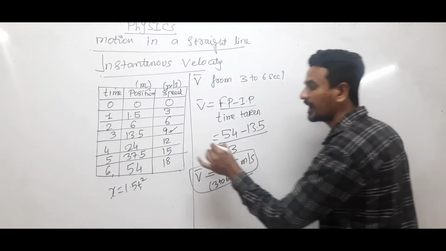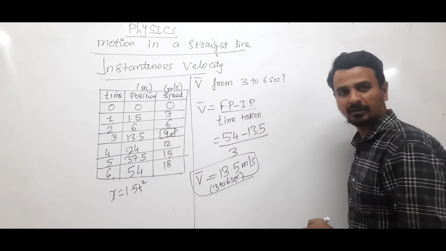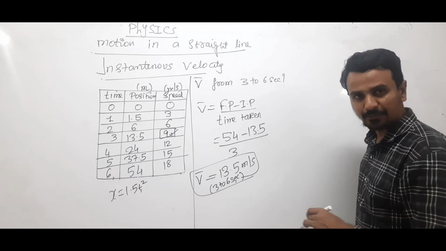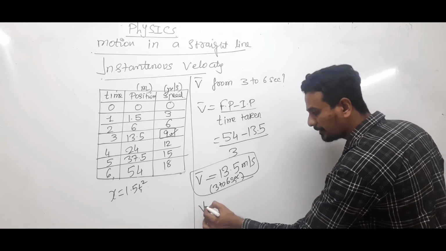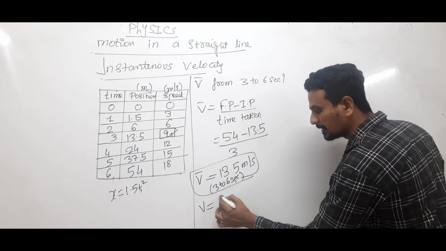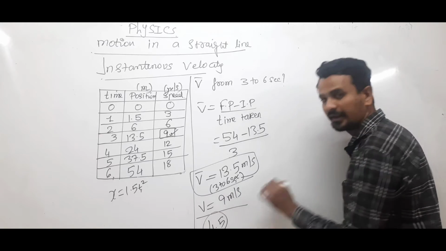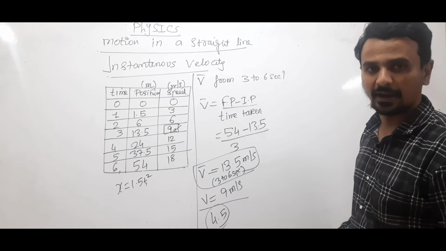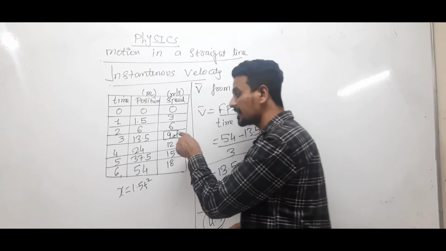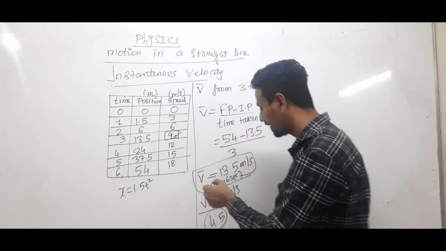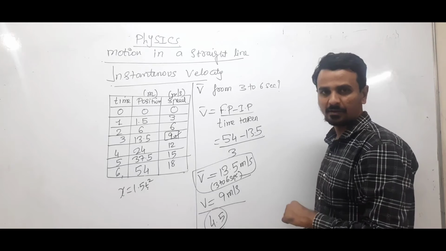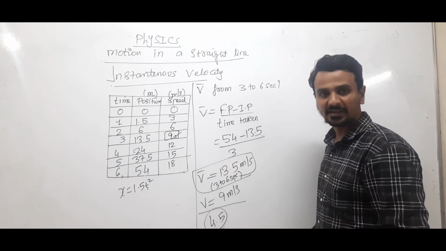And at 3 seconds, the instantaneous speed is 9. So average value is 13.5, instantaneous velocity is 9. So there is a difference of 4.5. See the difference. This is the instantaneous velocity, instantaneous speed, and this is my average speed. So this is the difference between average and instantaneous.